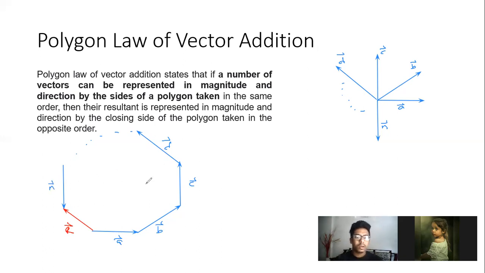Okay, now this is nothing but the same triangle law. Actually, we're using triangle law many times here to obtain this. Now I can show you that. Instead of A and B, we have this vector. Now we have this vector, C, D, and so on, up to N. A and B are cancelled.